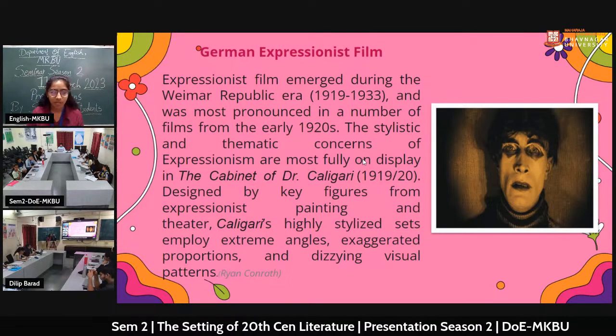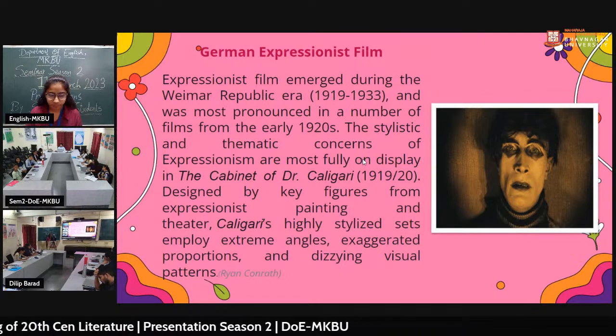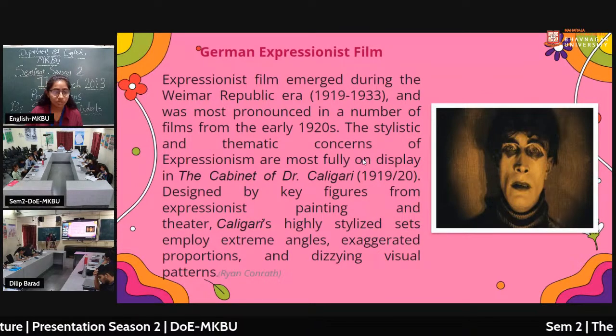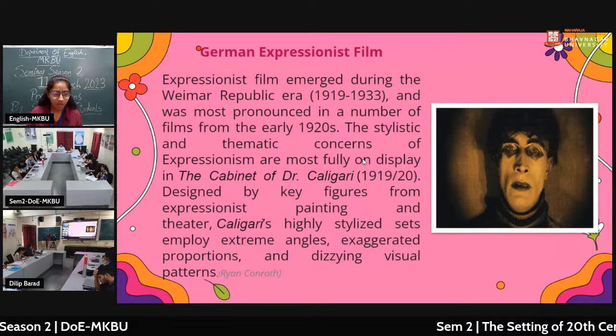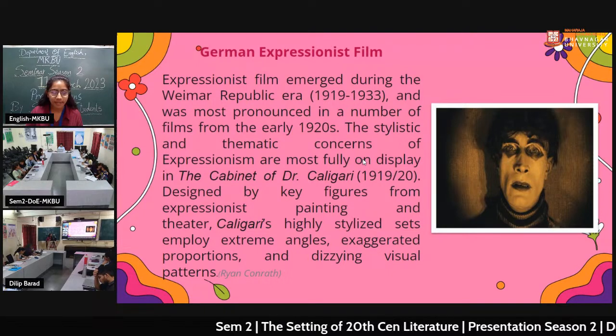Expressionist film emerged during the Weimar Republic era and was most pronounced in a number of films from the early 1920s.